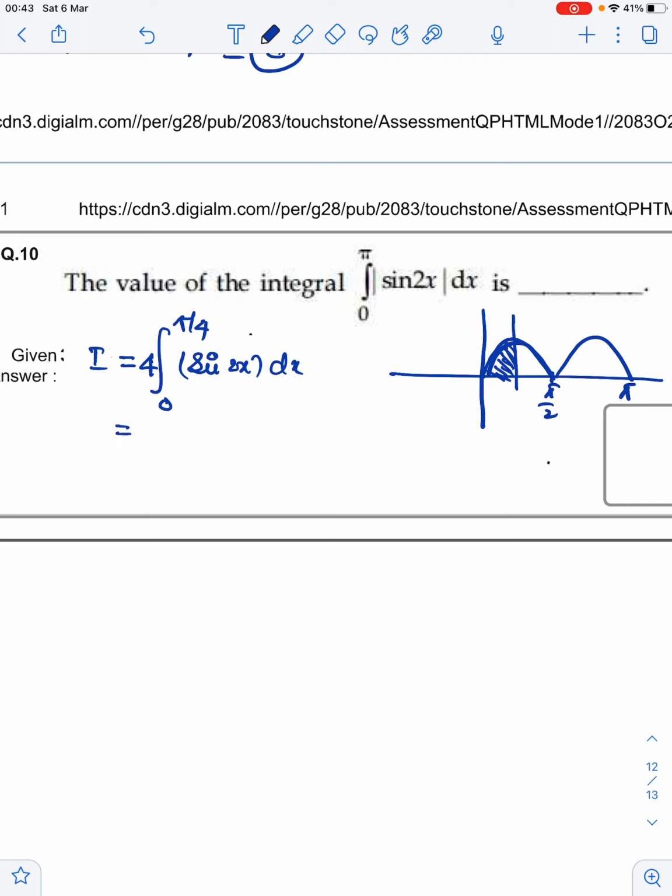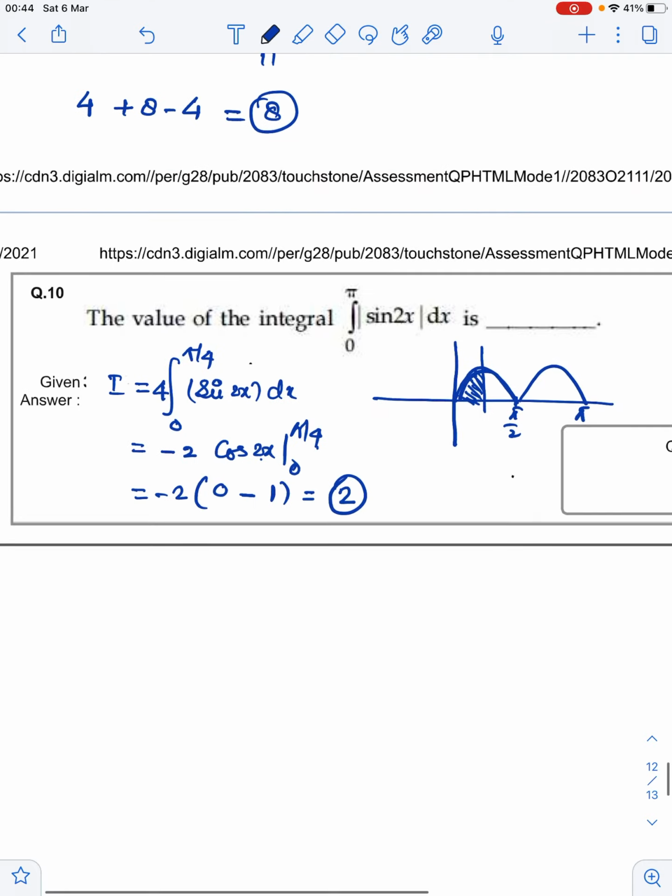Now integration of sin 2x is minus cos 2x by 2. So this is minus 2 and cos 2x from 0 to pi by 4. So minus 2 outside, cos 2x value at pi by 4 is 0 and at 0 is 1, giving minus 1. So this is 2, the only answer.